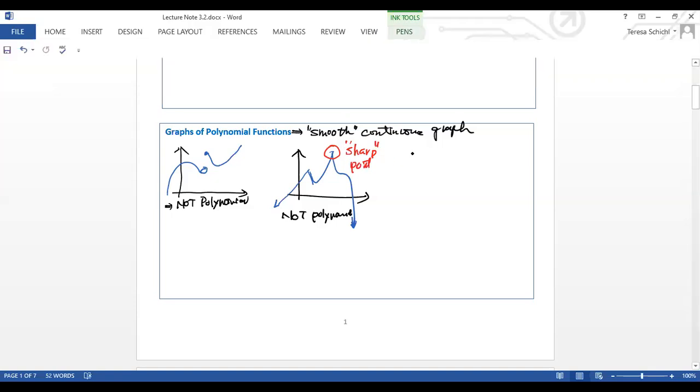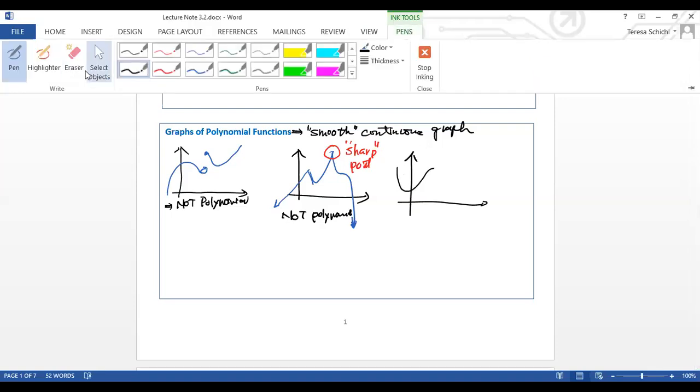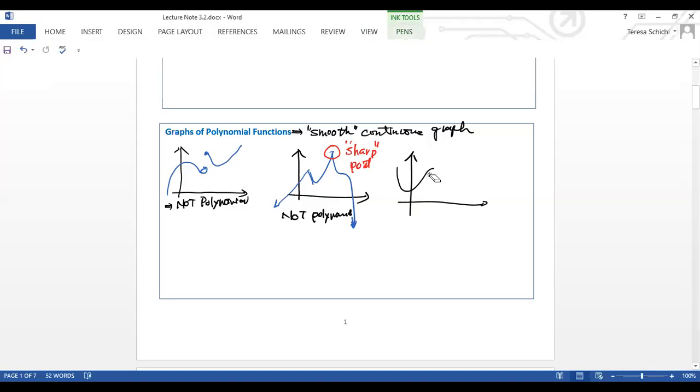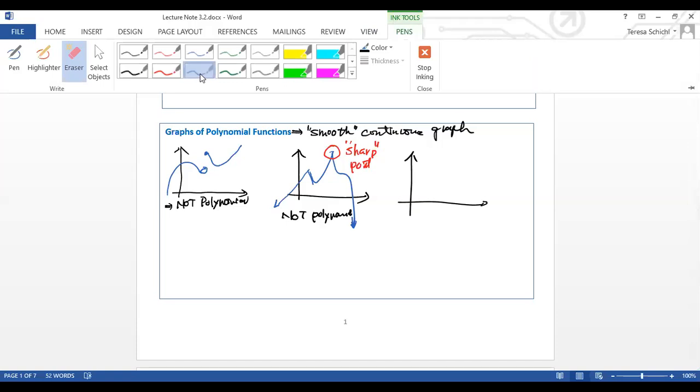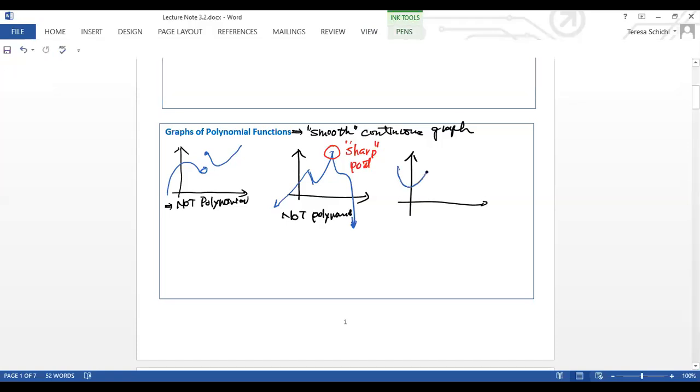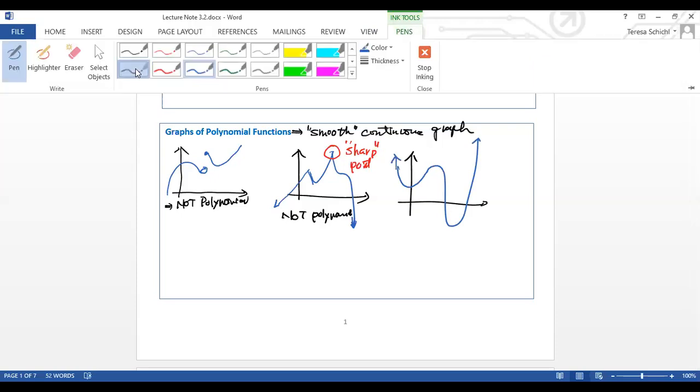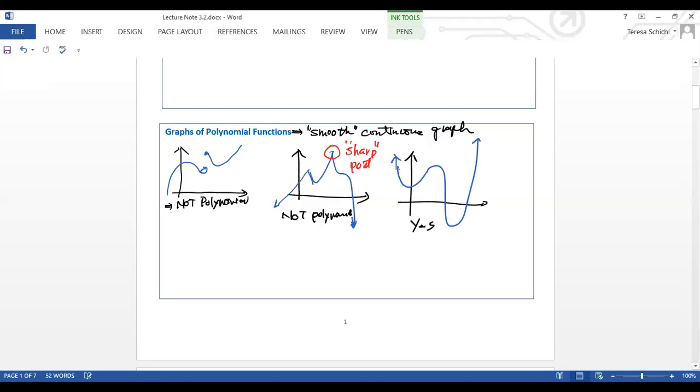Now let's take a look at this one here. Let me use a different color. If this one goes like this, then we say yes, this is a polynomial because it's smooth.